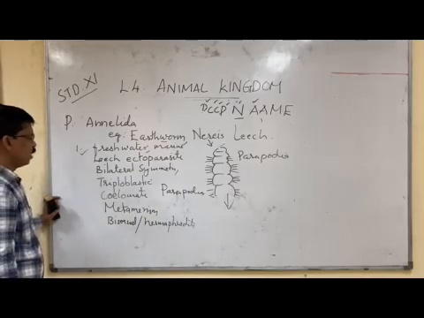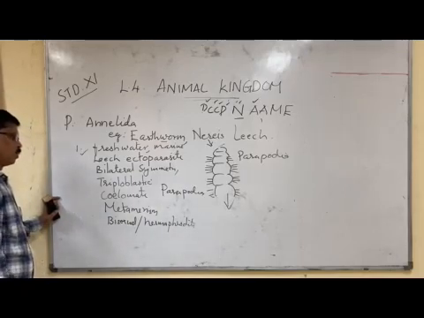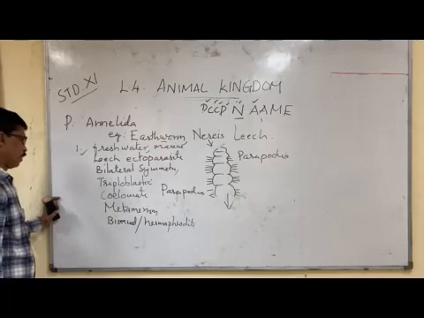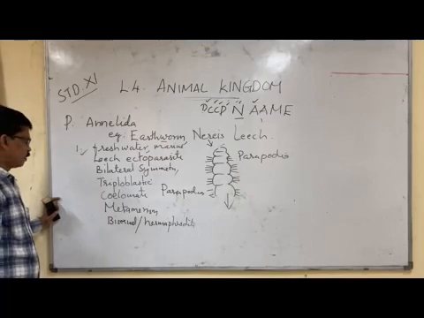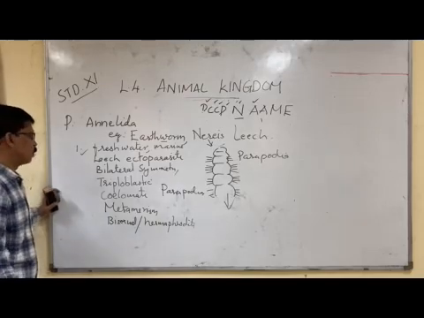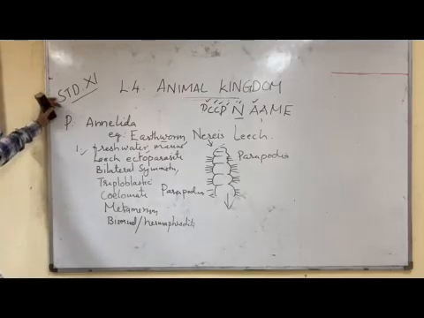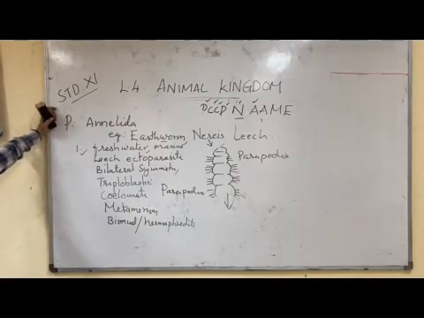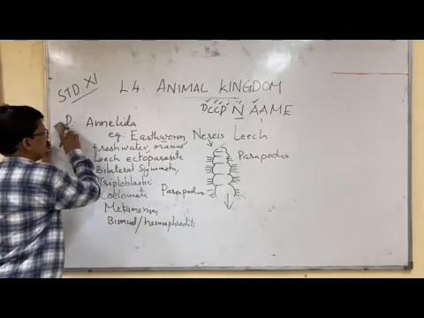Triploblastic, 3 body layers. Coelomate means a true coelom is present. Presence of parapodia in Nereis for locomotion is an advantageous feature. Metamerism means segmentation of the body into many small segments, internally and externally. Bisexual or hermaphrodite, as in earthworm. These are the common features of phylum Annelida.